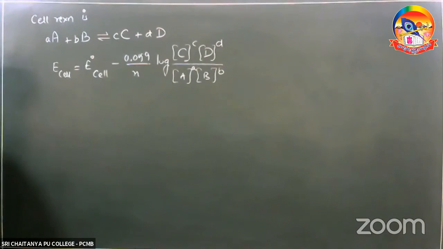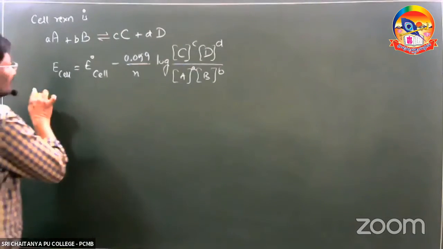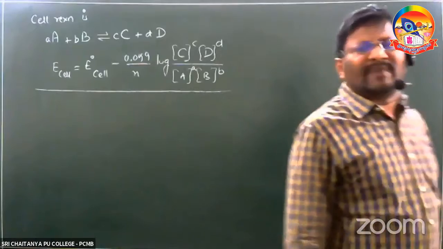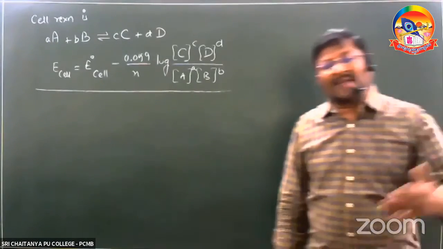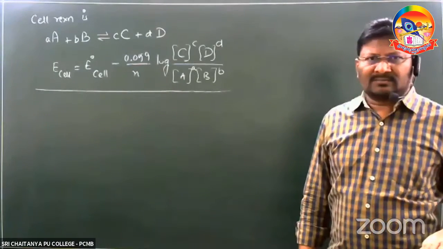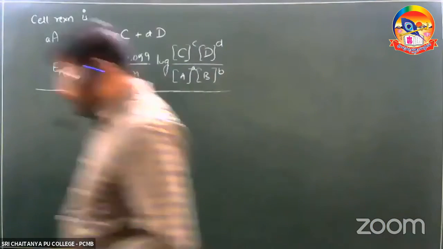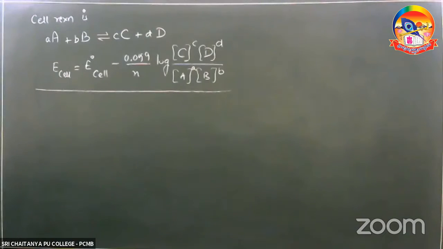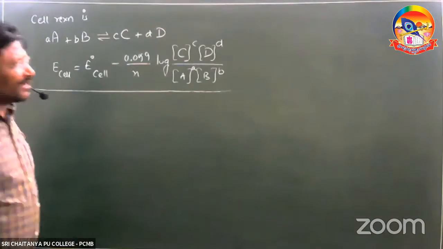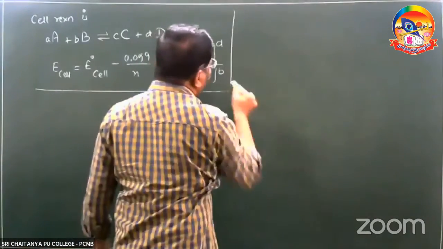Sometimes cell notation will be given. Cell notation I am saying. So at that time, how to write down? Let us see like this.